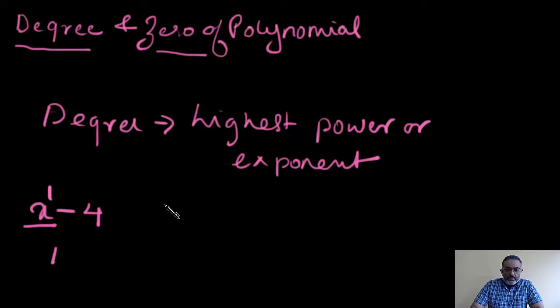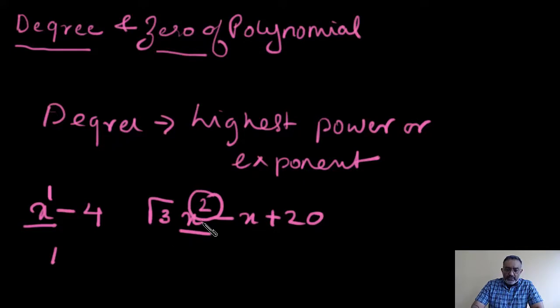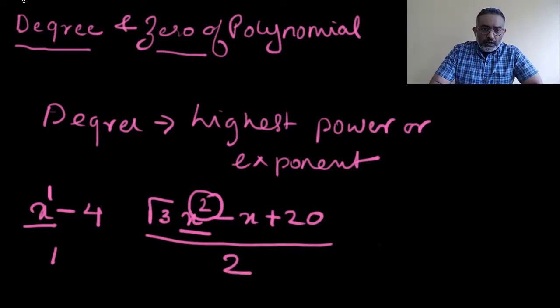Now let's think about root 3x squared minus x plus 20. The highest power or the highest exponent is for this term and 2 is the power, therefore the degree of this polynomial is 2. Let's do one more.